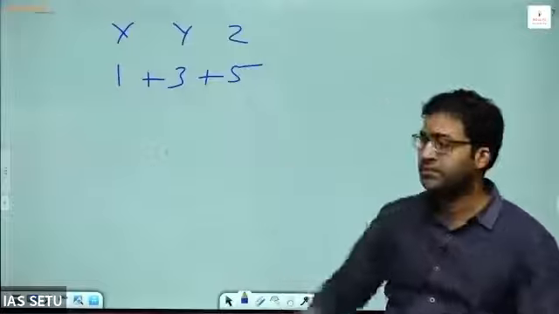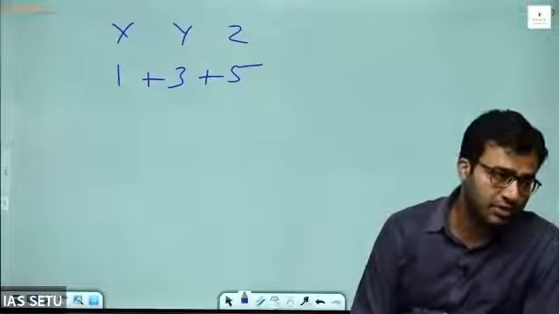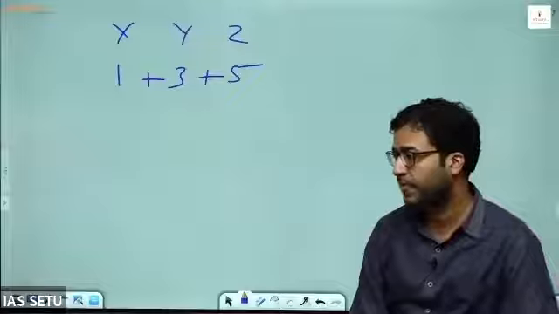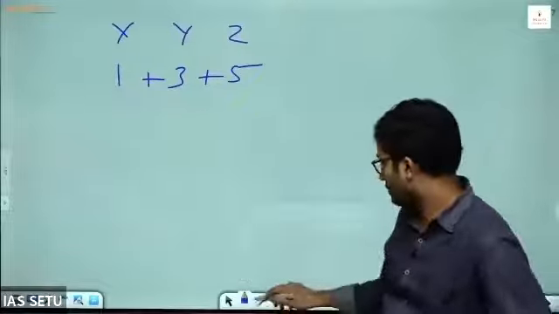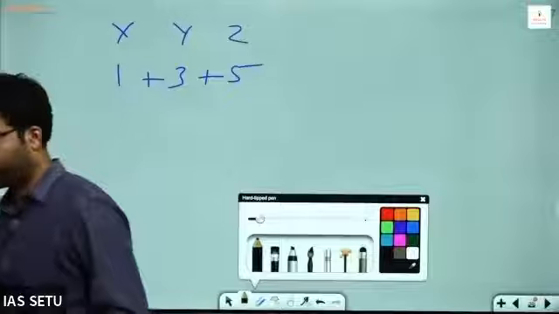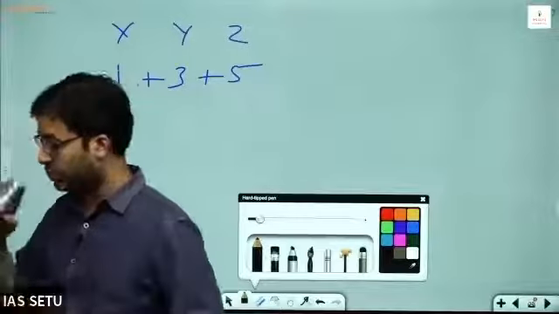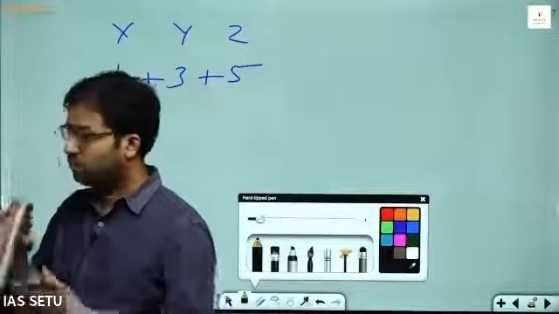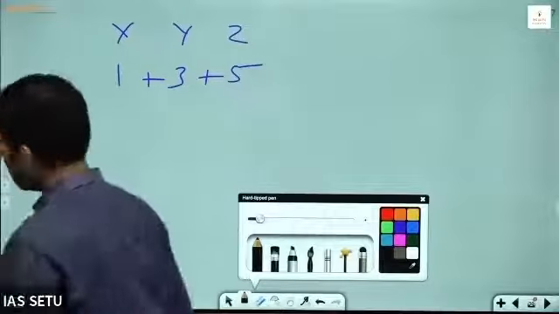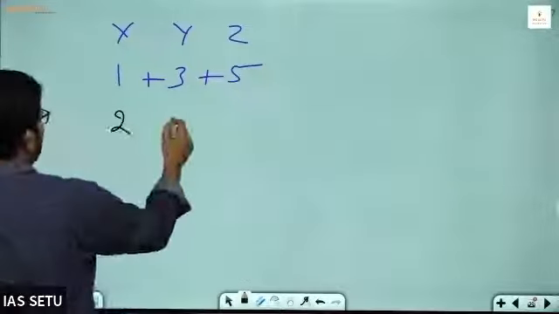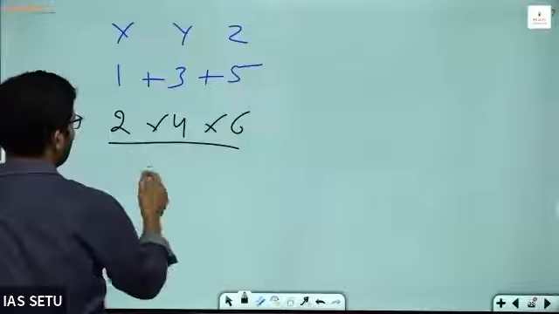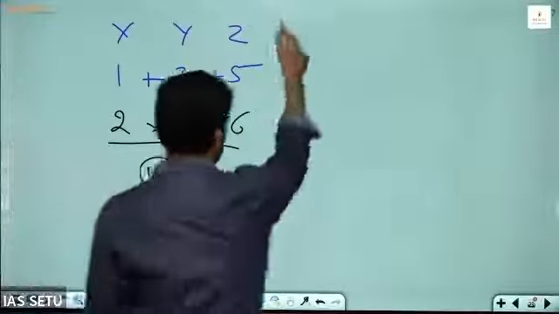Tell me how many pieces? 1 cut plus 3 cut plus 5 cut will give you how many pieces? One cut gives you 2 pieces, 3 cut gives you 4 pieces, 5 cut gives you 6 pieces, 24 into 2, 48.